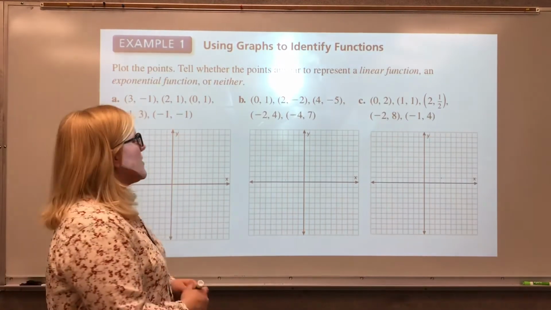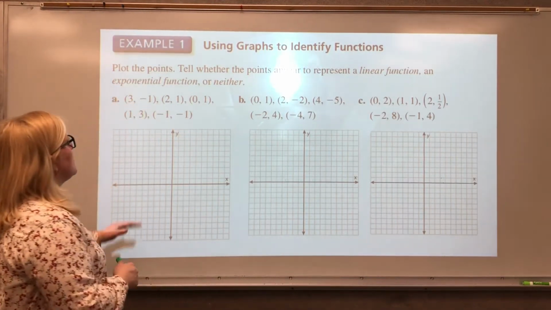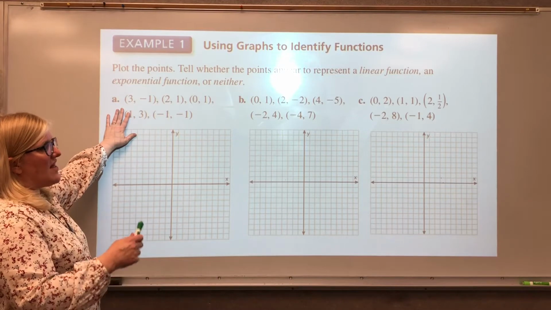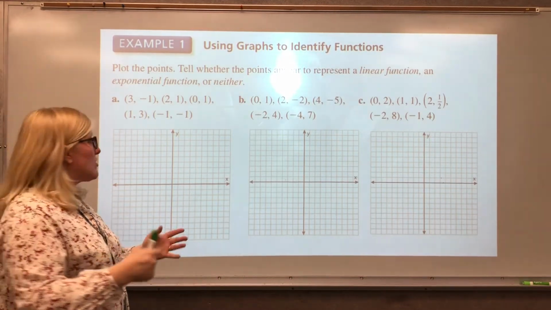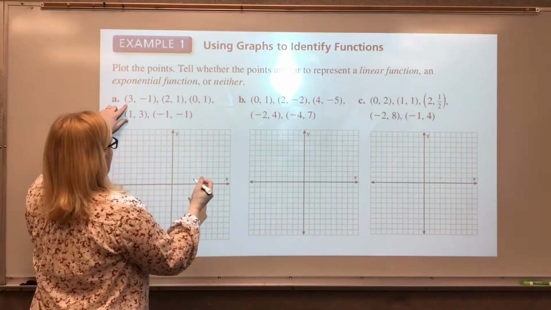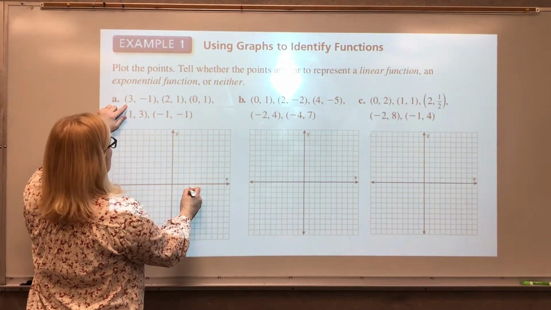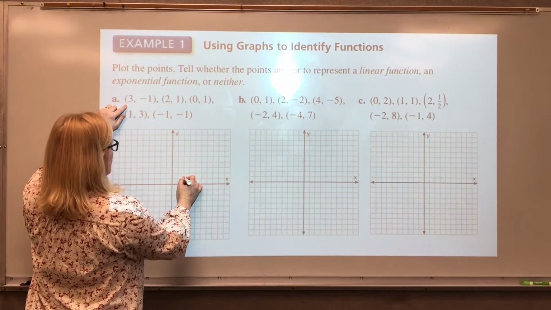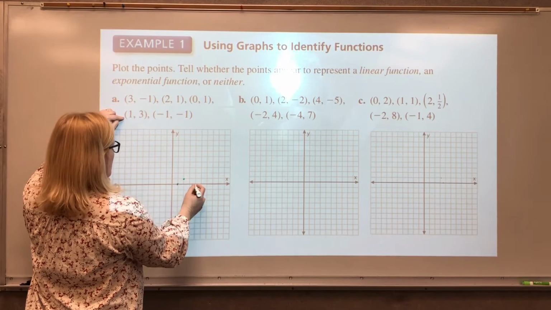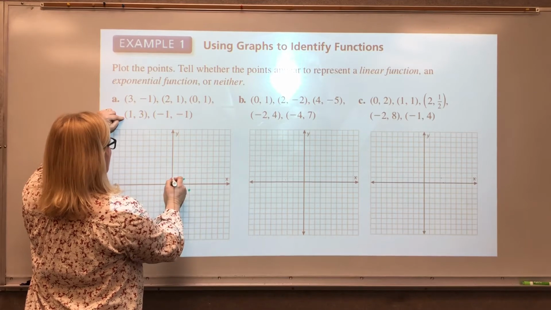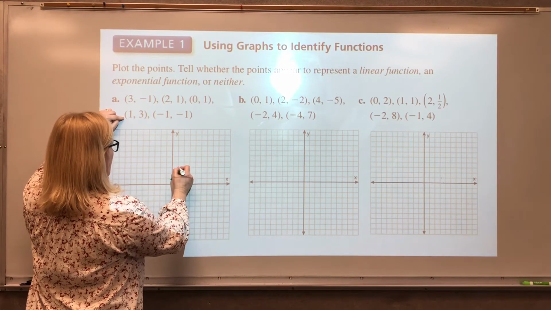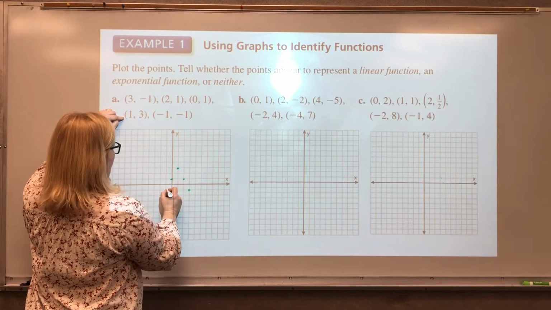All right, so using the graph, we're going to plot these points, and then we decide whether or not they're exponential, linear, or neither. So here I have (3, -1), (2, 1), (0, 1), (1, 3), and (-1, -1).